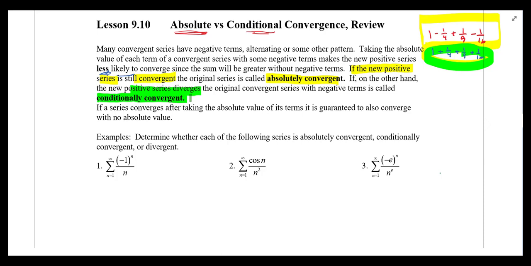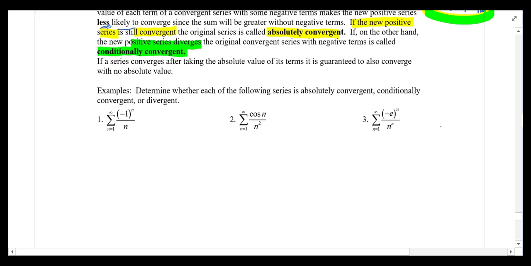All right? So we know that we should check the original series first. So if I check the original series for number 1, I see this is an alternating series, right? Terms alternate. I know that I have 1 over n. That is decreasing, right? n goes to infinity, 1, 2, 3, yeah, it decreases for sure.